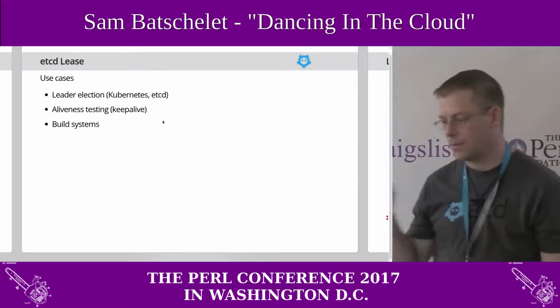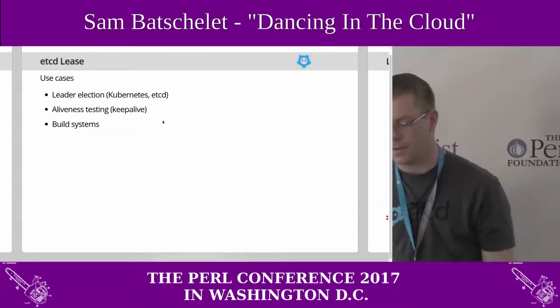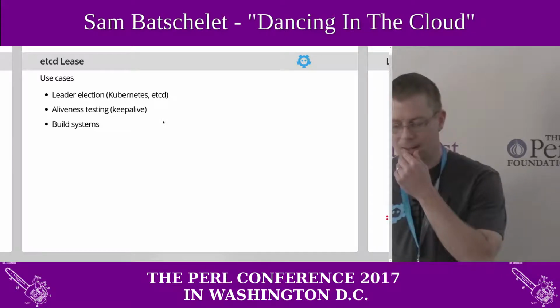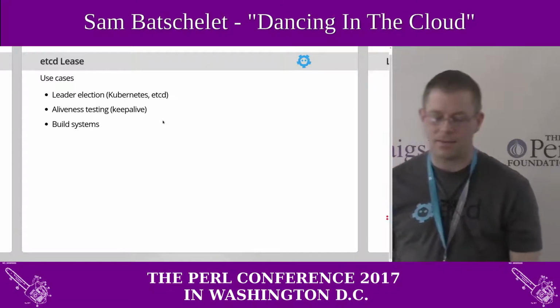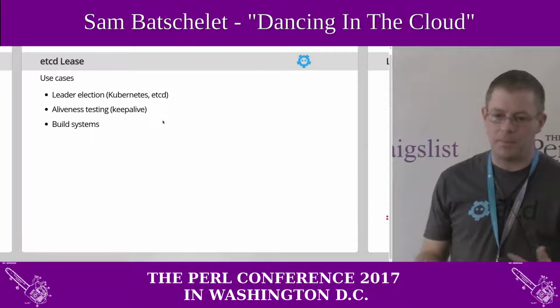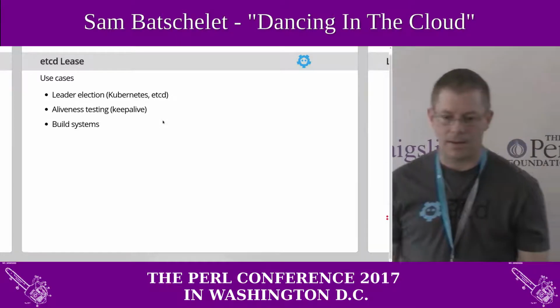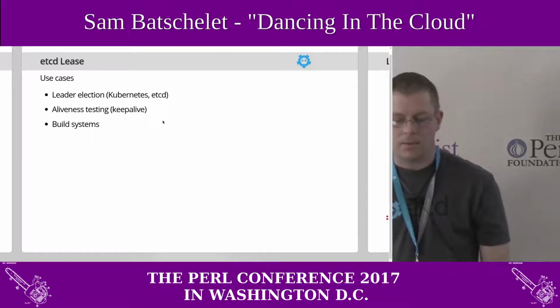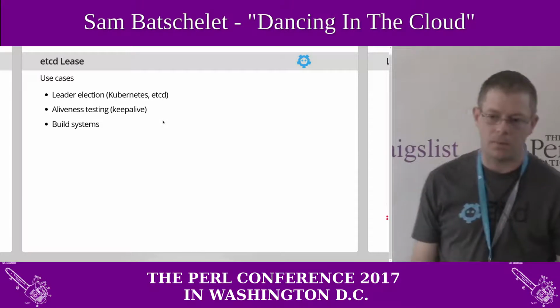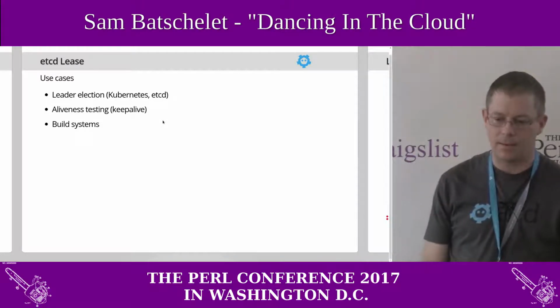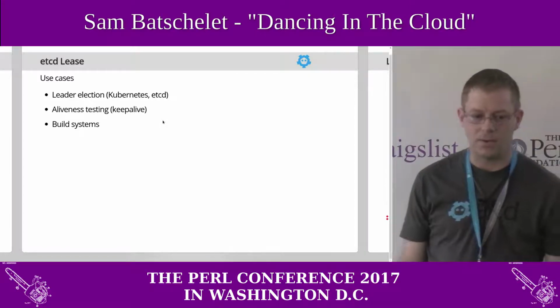If not, okay, we need to go and find a new leader. That's an example. Aliveness testing. So, using a cron to access a route on a site to see if it's active, and then maybe have Etcd push a key that would be usable by Kubernetes or some other application to view the data.